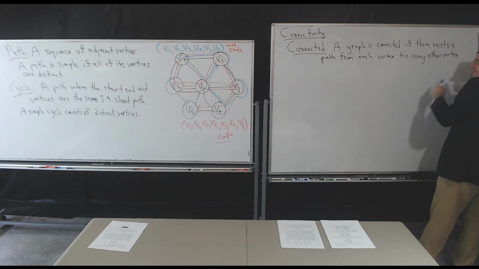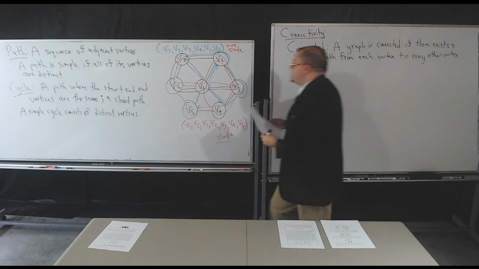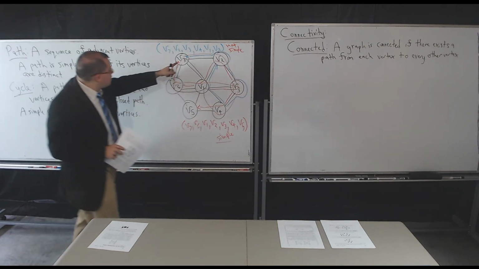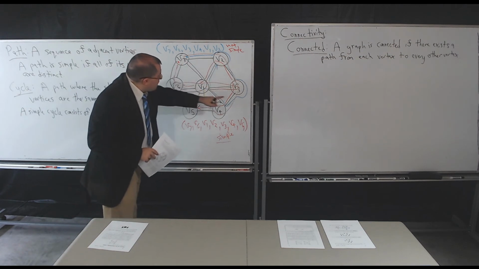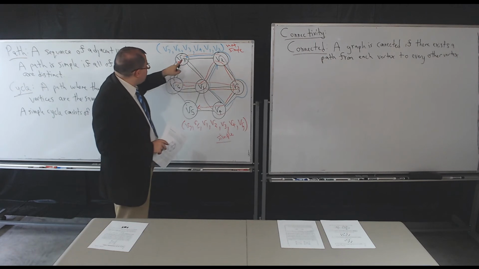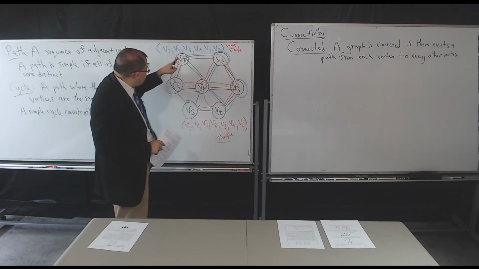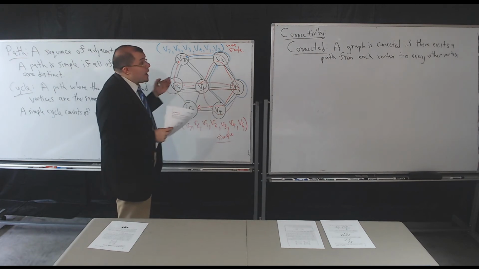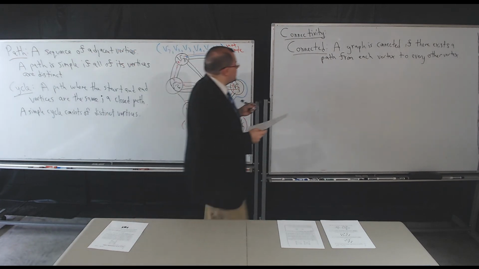So is this graph connected? Yes, because I can give you any one vertex here, and I can show that there exists a path. For example, from V2, I could go from V2 to V7 by following this edge, or I could go through a whole bunch of edges. There's just some path. That's the point.